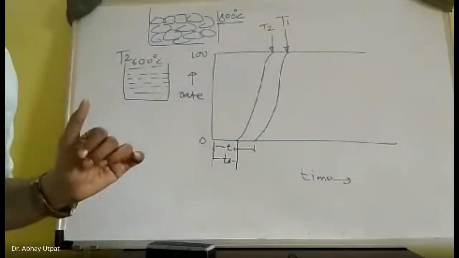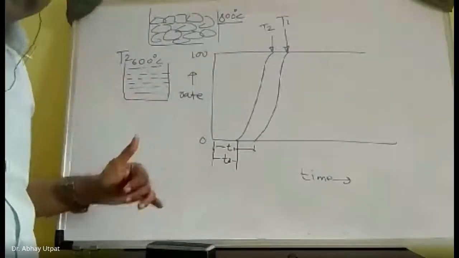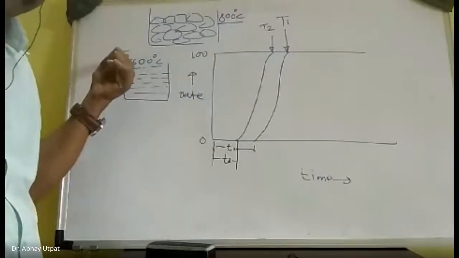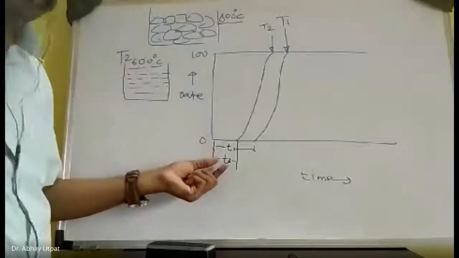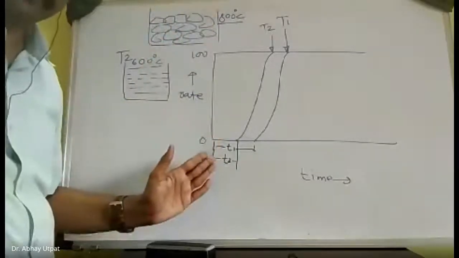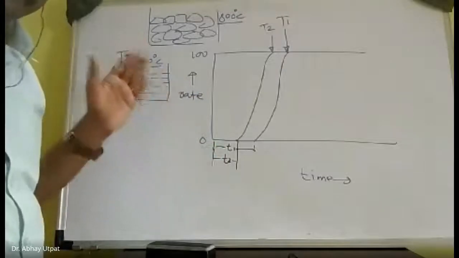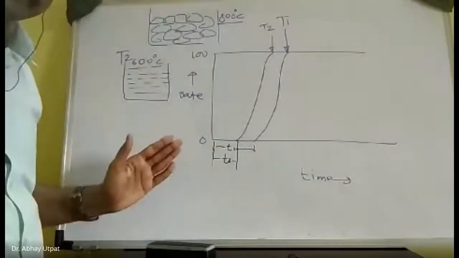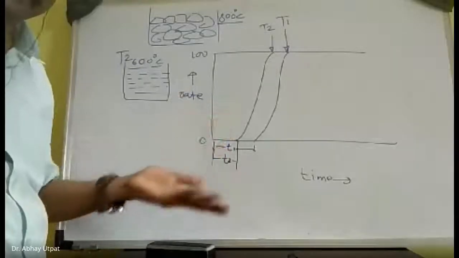I repeat once again. As temperature of cooling decreases, so earlier it was 650, I make it 600. What will happen? Incubation period earlier it was 8 seconds. It becomes now 5 seconds. In this way, as temperature of cooling decreases, incubation period decreases, rate of transformation increases.